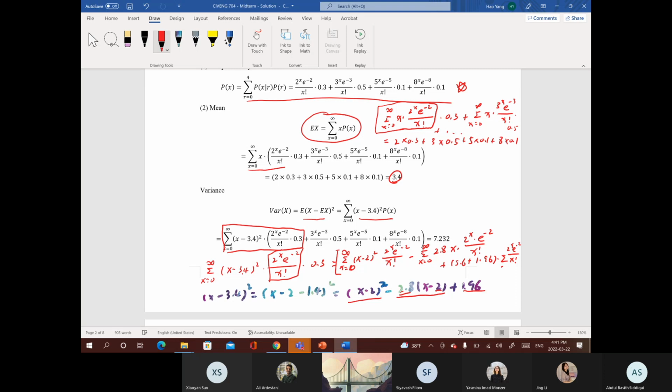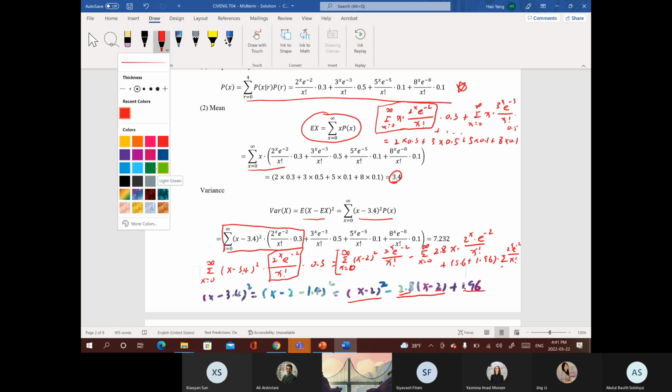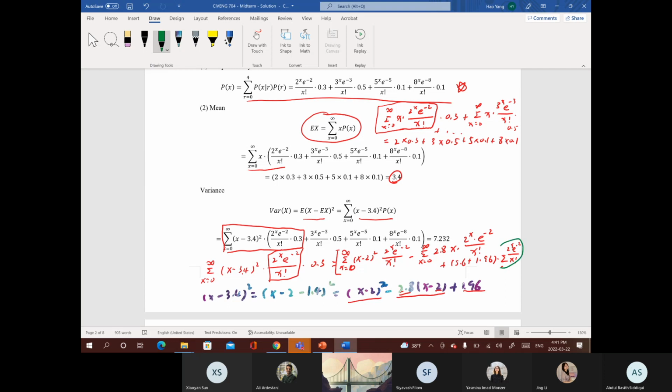So this part is just 1. This part is still lambda, that will be 2, and this component is also lambda, that will be 2.